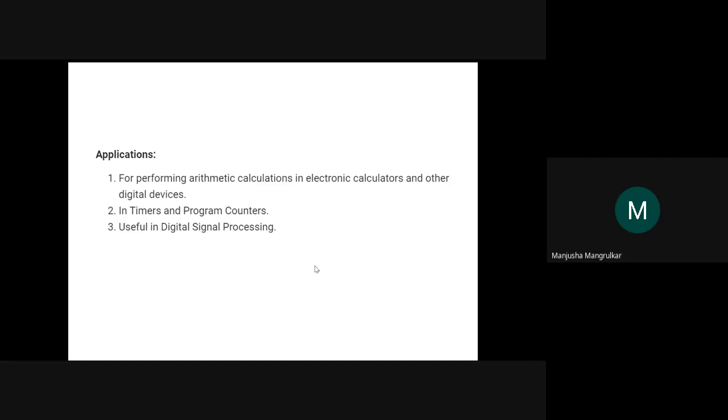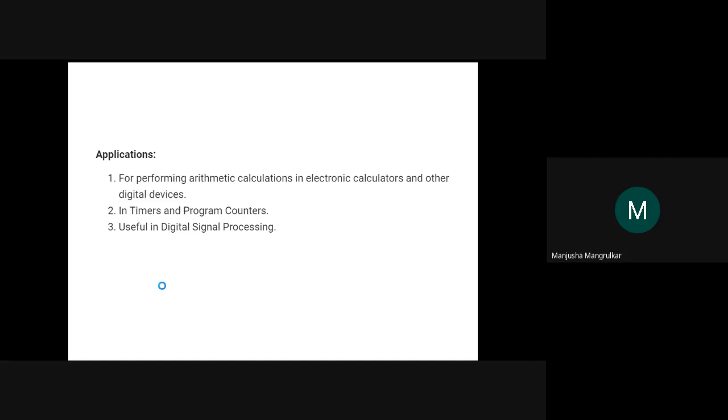So in a timer also we are using increment and decrement. Whenever there is a process of increment and decrement in a digital system, we use the adder and subtractor, depending upon how many inputs there are, whether we use the half adder or the full adder, or the half subtractor or the full subtractor. It is also useful in digital signal processing. This is a very advanced topic, because digital signal processing comes after the microprocessor. Digital signals are processed, and there we use the adder and subtractor.